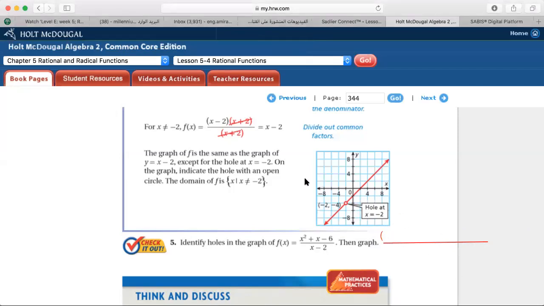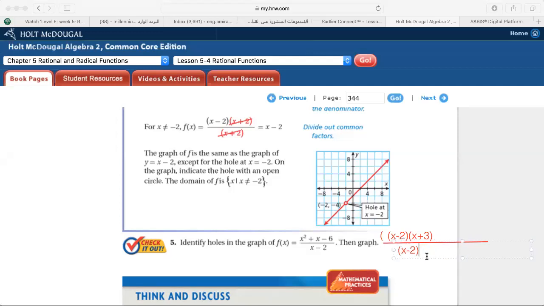So the two factors here are negative 2 and positive 3. So let me write them here. x is equal to negative 2, x minus 2, x plus 3. And down I have already x minus 2 in the denominator.